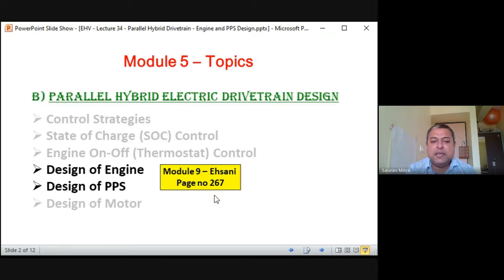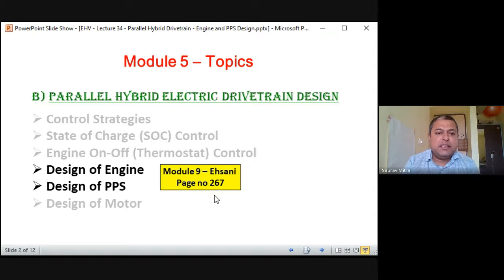The sequence given in the book are design of engine, then design of motor, then design of transmission, and design of PPS. So design of transmission is not there in our syllabus. So design of transmission means design of gear ratios and other things.